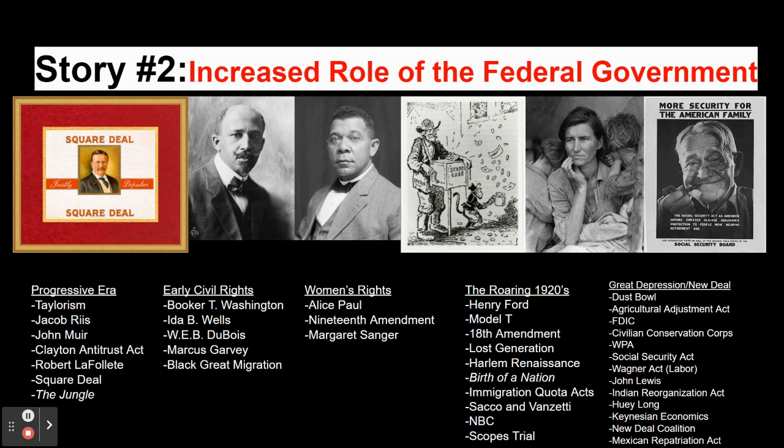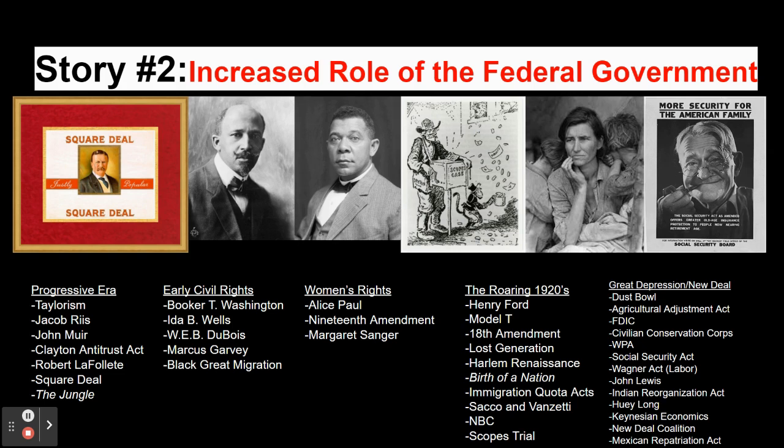This series of programs is called his New Deal. And it massively changes the role of government. It makes the government much larger. We see this in the form of new programs, sometimes called the alphabet soup of government, like the FDIC, which stood for the Federal Deposit Insurance Corporation, that was designed to protect people's savings accounts in banks.